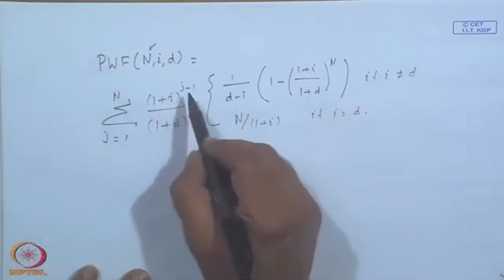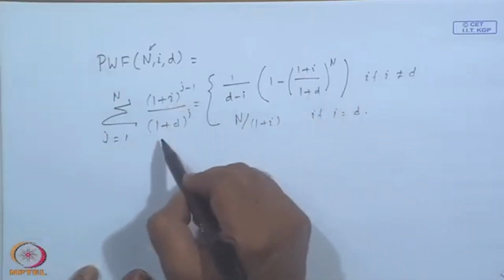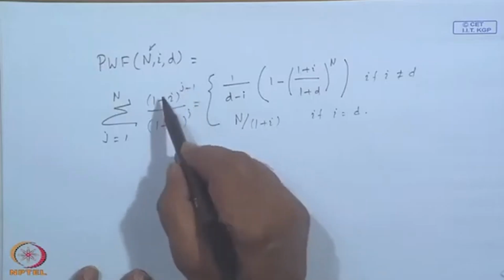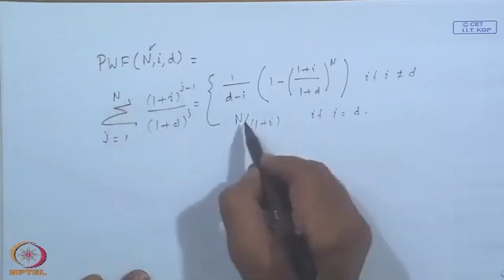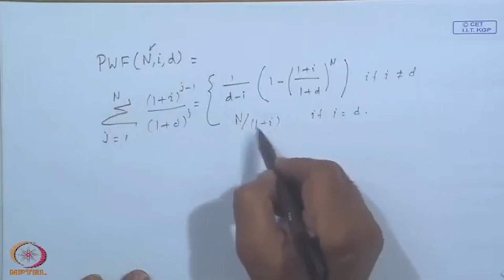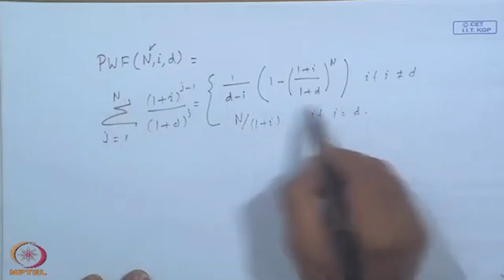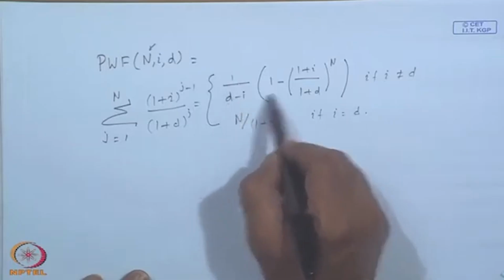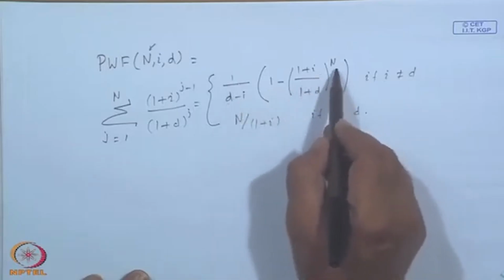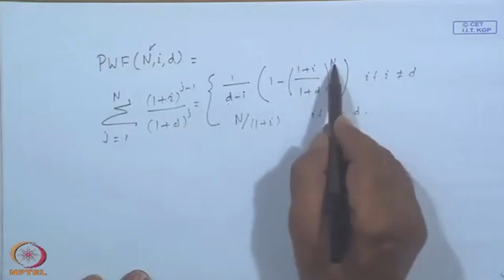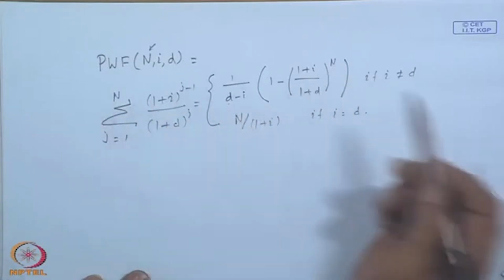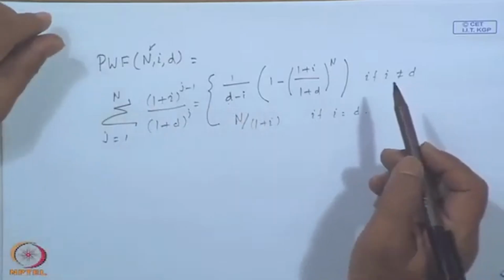So, if I is equal to d, this will be a d, this will be a d, j minus 1 by j, it will be 1 by 1 plus d summed over 1 to n will be n by 1 plus I or 1 plus d. Okay. So, 1 by d minus I into 1 minus (1 plus I by 1 plus d) to the power n, that is the same thing which we have written in terms of n, and this is summed up over this period.